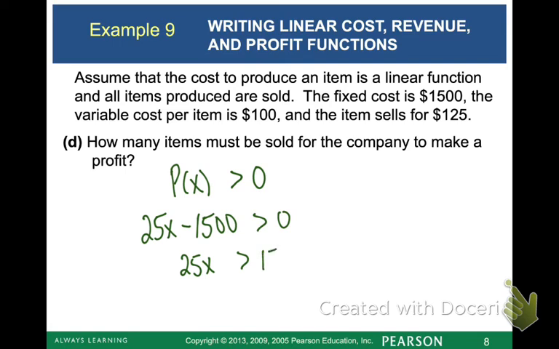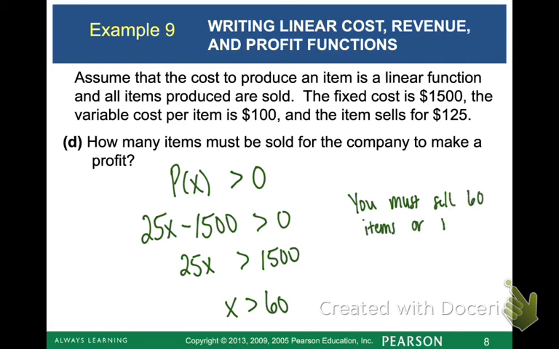Add your 1500 over, and then divide by 25. We get x is greater than 60. So what that means is you must sell at least 60 items, so 60 or more, in order to make a profit.